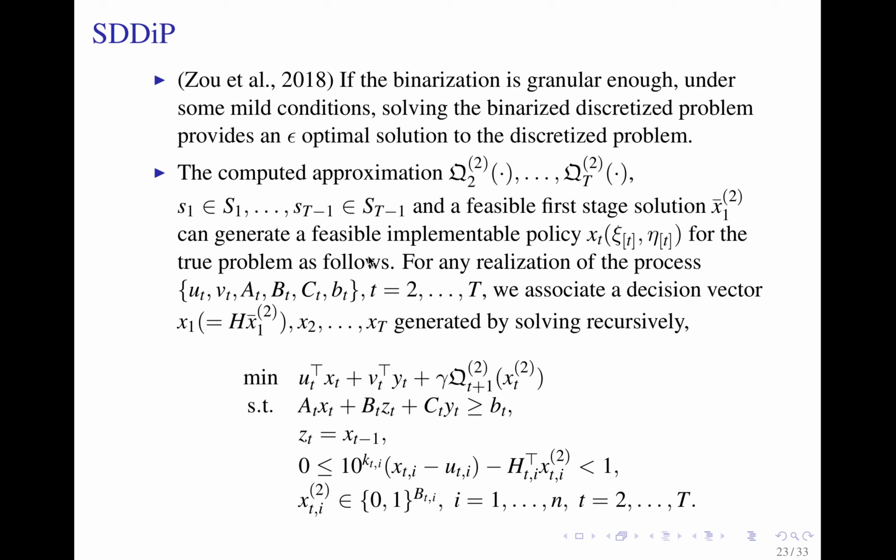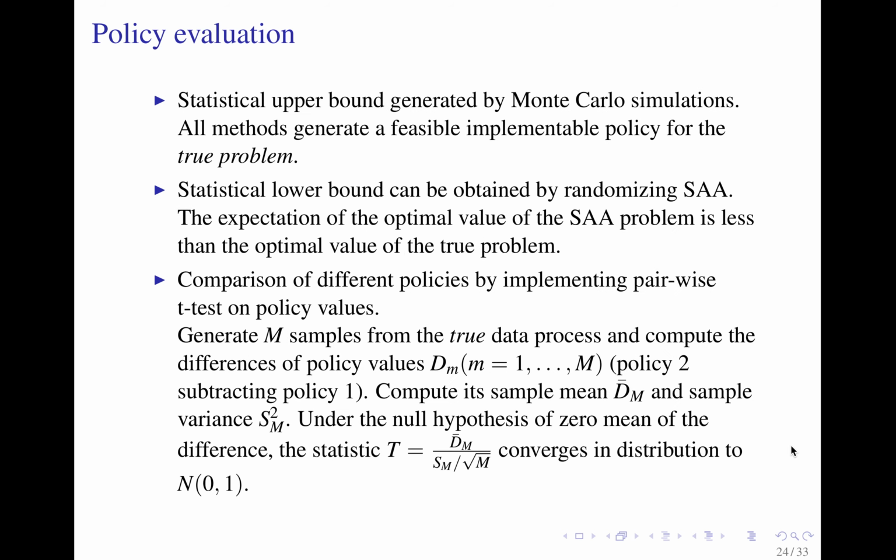And then you just solve those subproblems recursively, just as we did in the classical SDDP. Now, what do we have now? So we have the SCDP, SDDiP, and the rolling horizon algorithm in our methodology to solve the discretized problem. All right? And all of the methods generate a feasible implementable policy for the true problem.